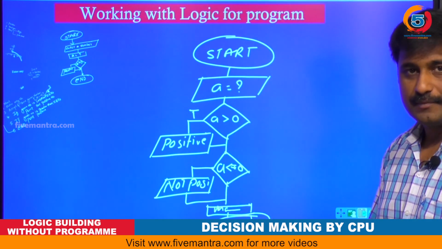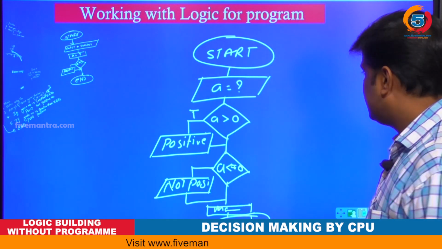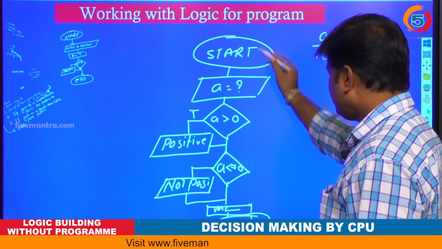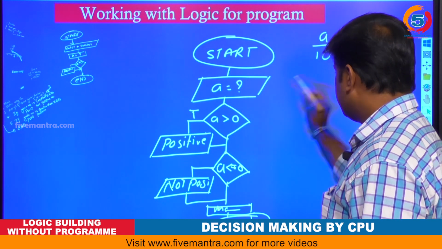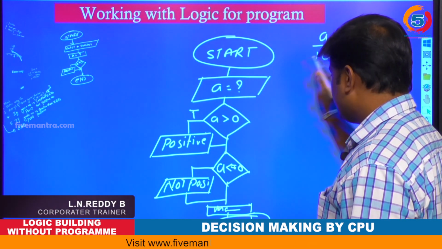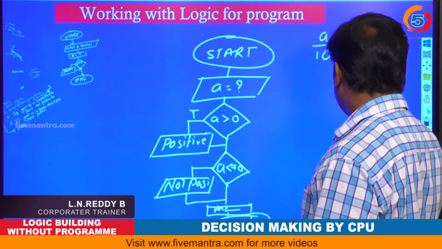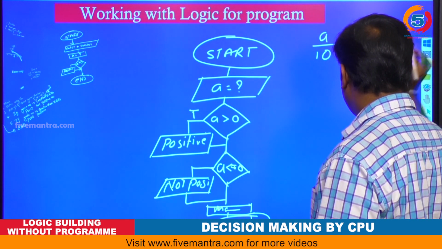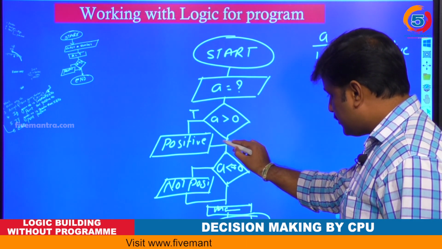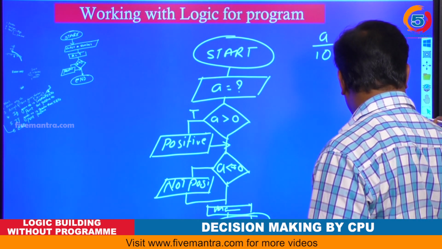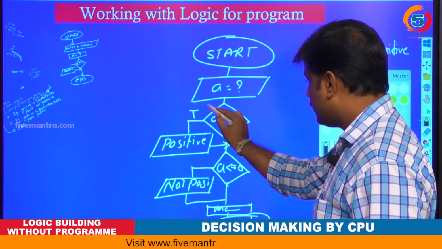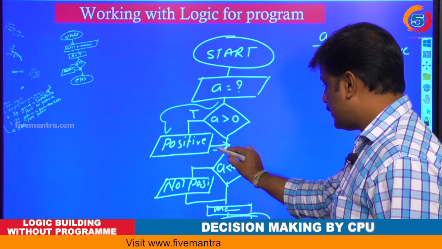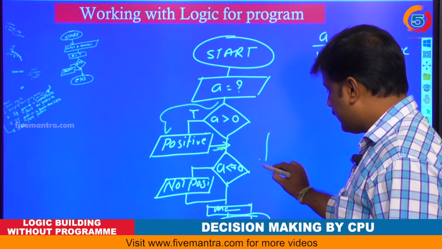See that, in this way we complete it. Now I'll check with a value of 10. Start, a value is 10. Is a less than 0? Yes, the condition is true, so it will print positive. After completion of that, it will come into this direction and join here, and once again go on with the flow.